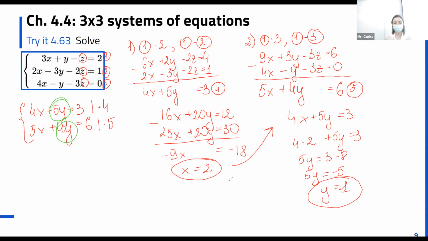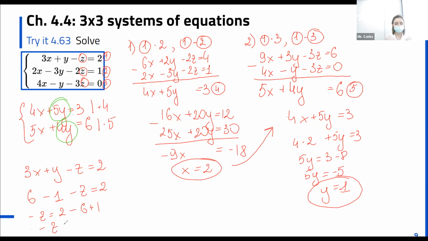And the last step, we use both these values and input them into, let's say, the first equation, 3x plus y minus z equals 2. So x is 2, so 6 minus 1 minus z equals 2. So minus z equals 2 minus 6 plus 1.